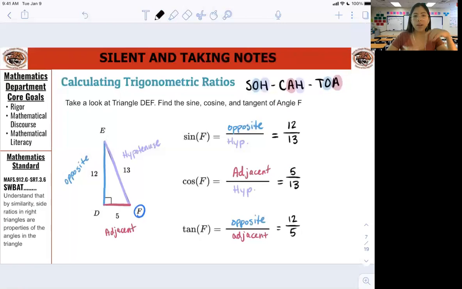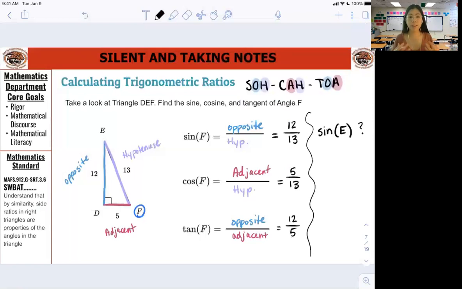Good. Now, question for you guys. If I was looking for the sine of E, would I be putting in the same numbers in that case? Good.